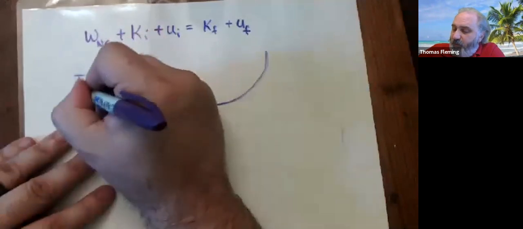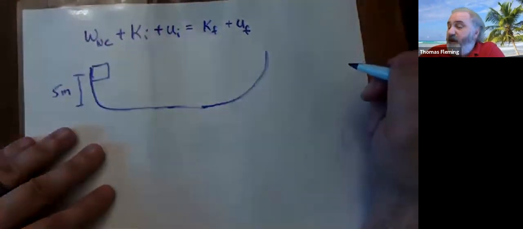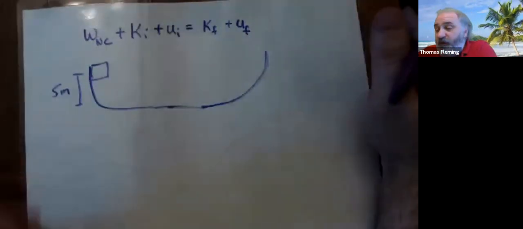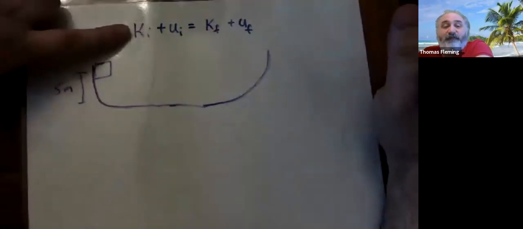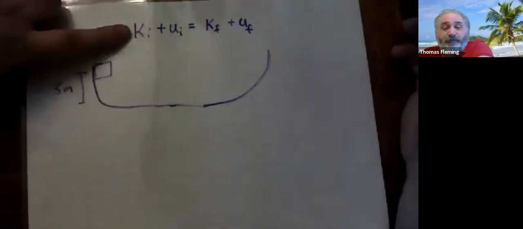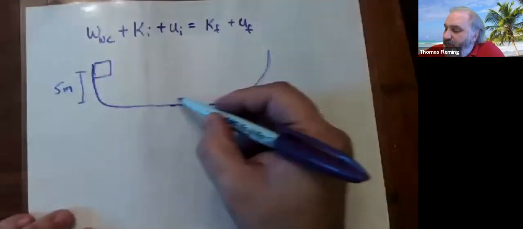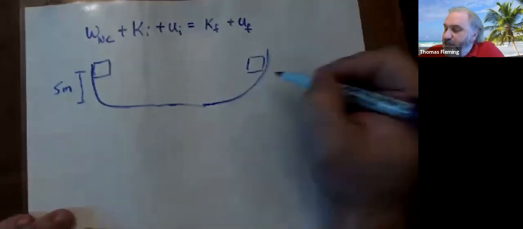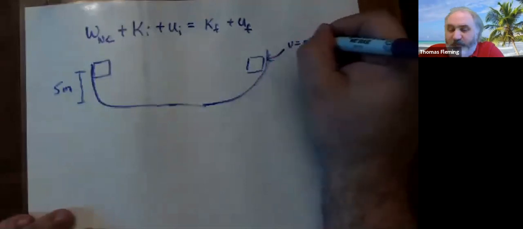If I start this thing with a height of 5 meters, if there were no friction, that means there's no non-conservative forces, WNC would equal 0, and I'd have the same starting point that we have for all these energy conservation problems. And if I wanted to figure out how high up the other side this object's going to slide, well, at its highest point, it would have a velocity of 0.